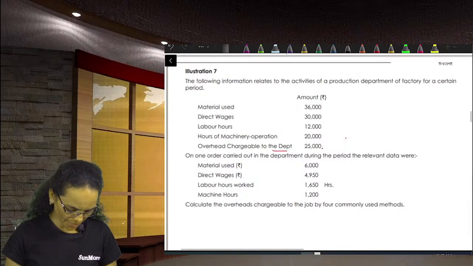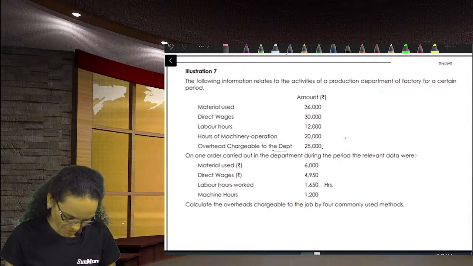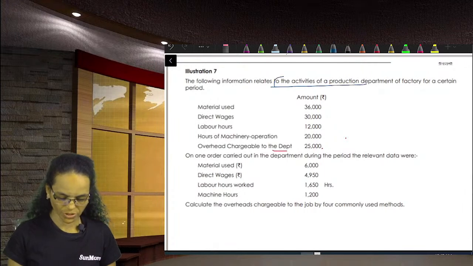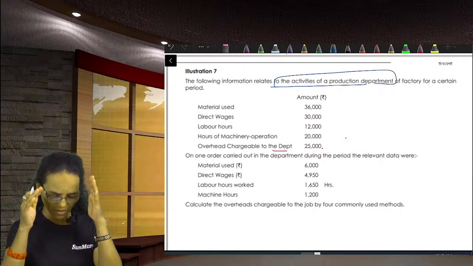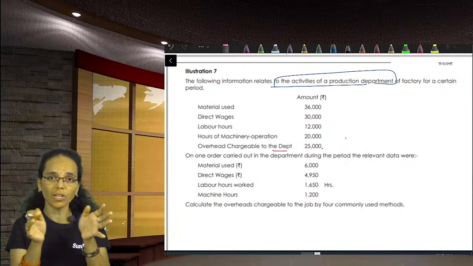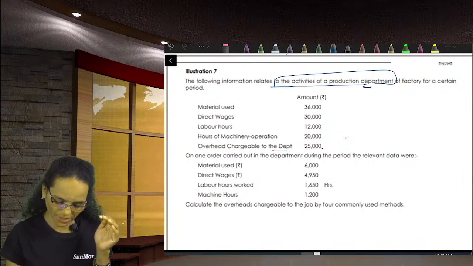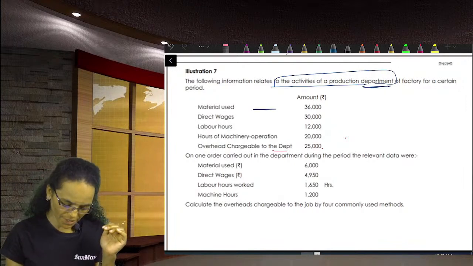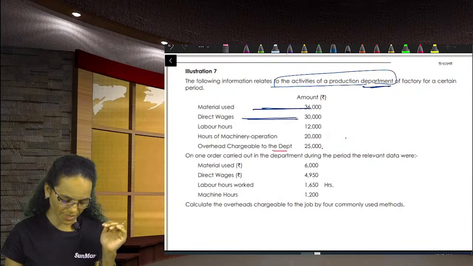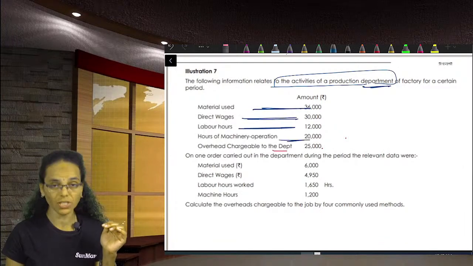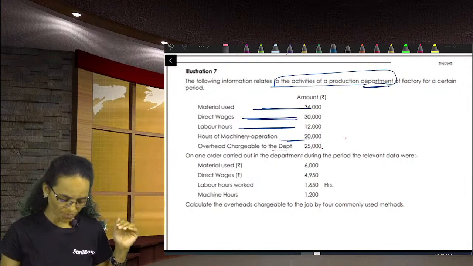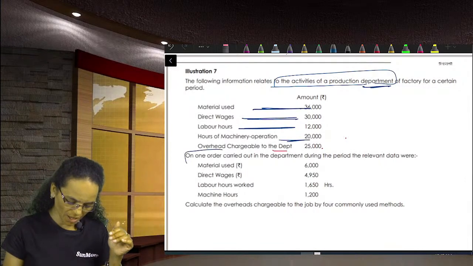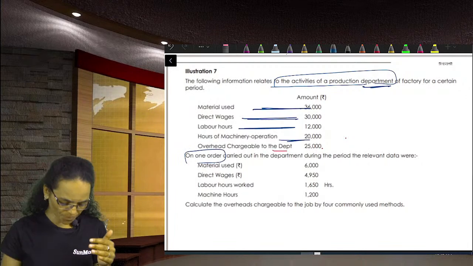See, this is the information relating to the activities of the production department. This is the data relating to the activities carried on in the production department of a factory. Material used this much, direct wages, labor hours and machine hours used this much. This is the previous data. But now we have received one order in hand.